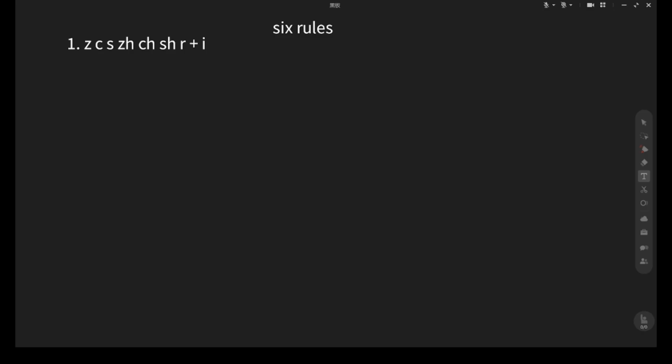Z, C, S, zh, ch, sh, r. When this group is with this vowel, how to read this one? E, yes, the smiling sound.